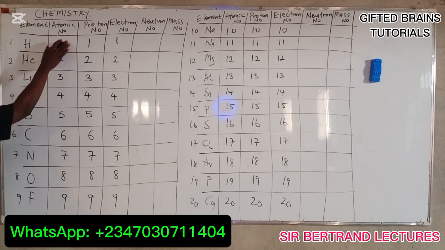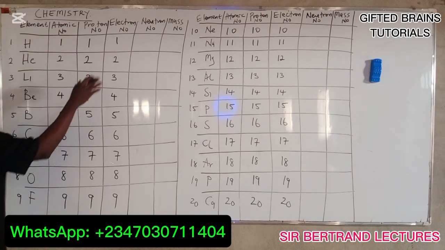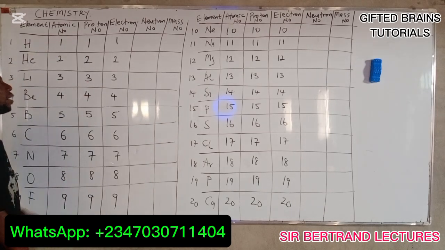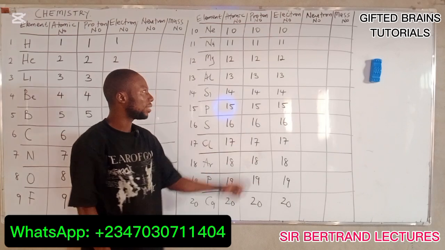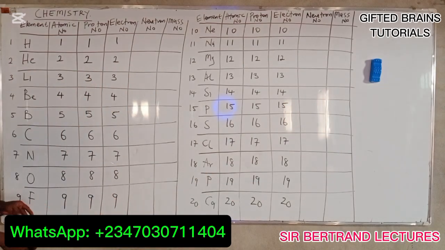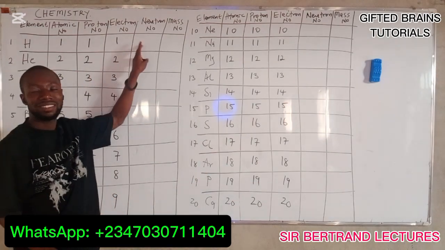This is the atomic number, the proton number, the same we have at this part of the board. Now, let's fill the neutron number.